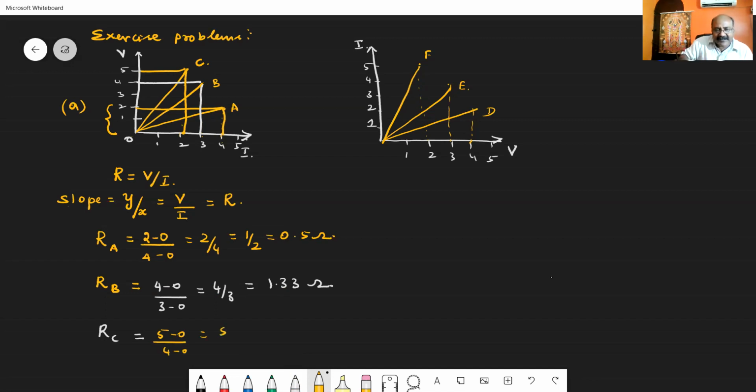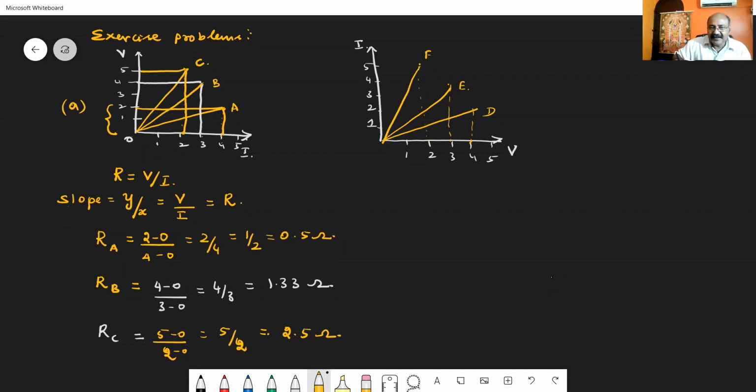Sorry, not by 4, it is 2 minus 0. So I get 5 divided by 2, which is 2.5 ohm. So I have calculated the resistance values for conductor A, conductor B, and conductor C.